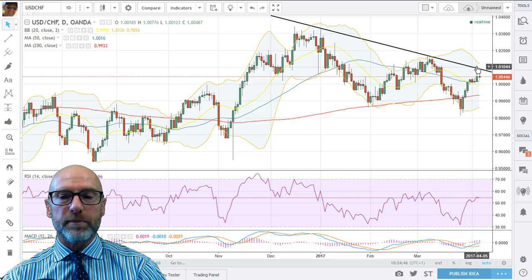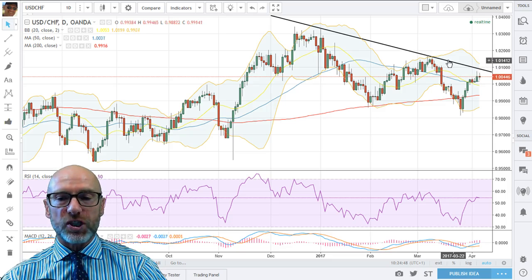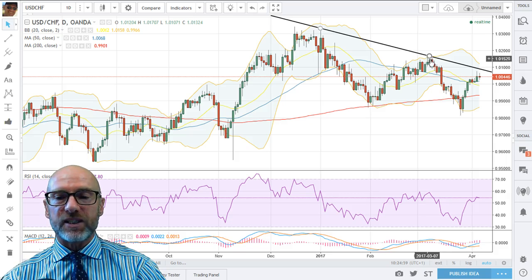If we can break above there, there's every chance then that we'll break above this resistance that occurred from early March, above the 101.65 level, and we could then go on and test the 103 resistance levels.